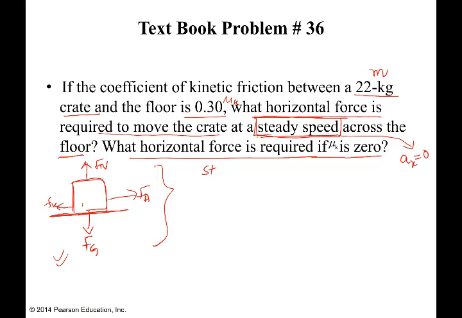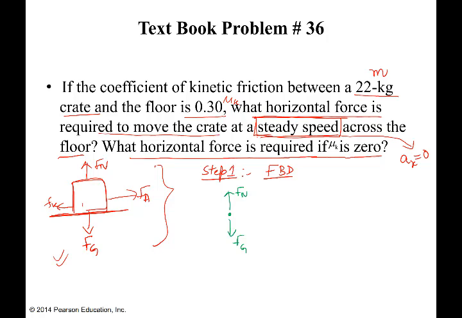You should break it into several steps. Step one should be the FBD. If you do not follow a certain pattern and do it randomly, you'll get them wrong. So instead of drawing a box, we draw a dot and write normal force in the upward direction. The size of these two vectors is the same because the object is not going in the y direction.